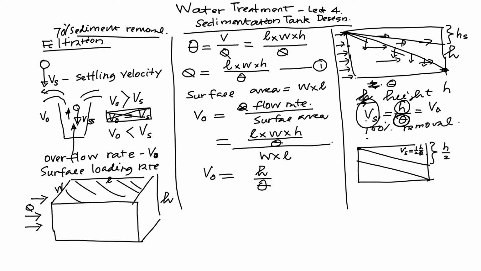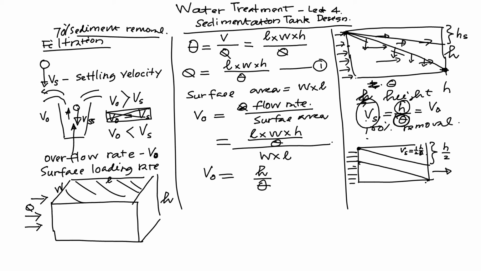That means it didn't go to the bottom, instead it goes only half the height. If it goes half the height, then whatever particle enters here will escape, and whatever particle enters here will be trapped.